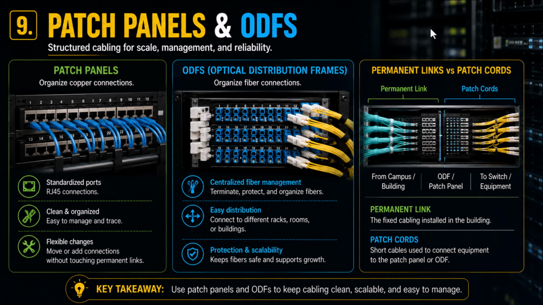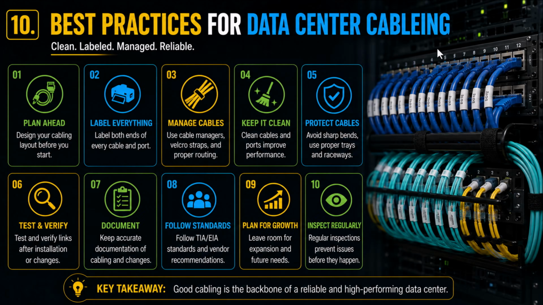Think of an ODF as an organized point where fiber connections are terminated, patched, and distributed. So when you're troubleshooting, the physical path may actually be switch, patch cable, ODF, structured fiber, another ODF, patch cable, remote device. That's why understanding the complete physical path is so important.